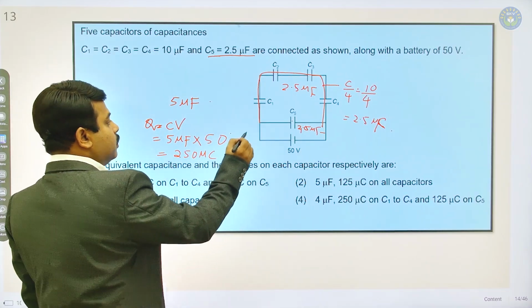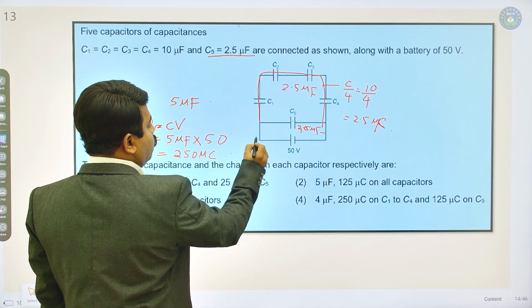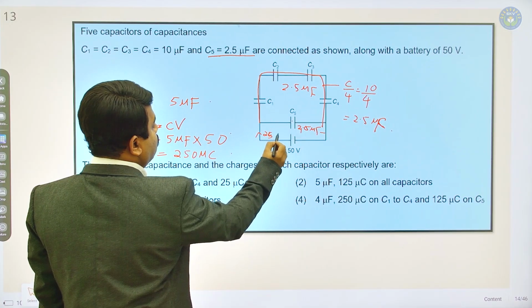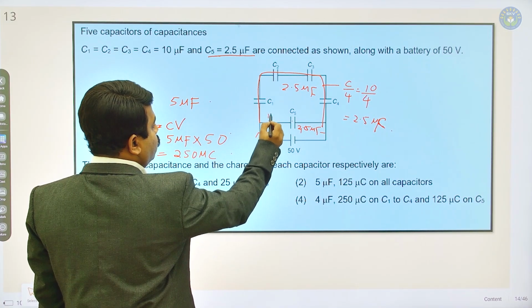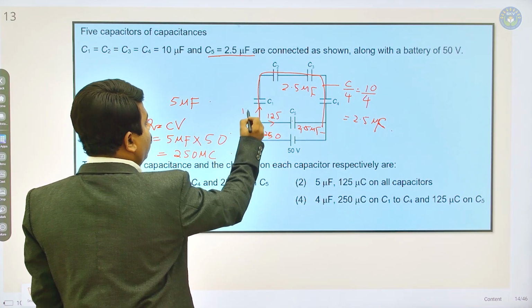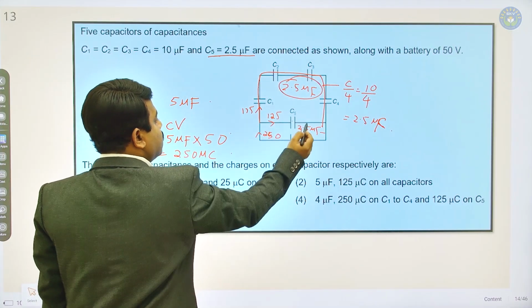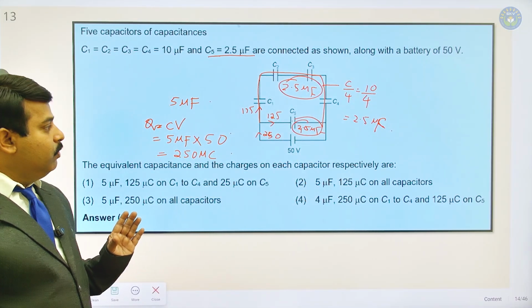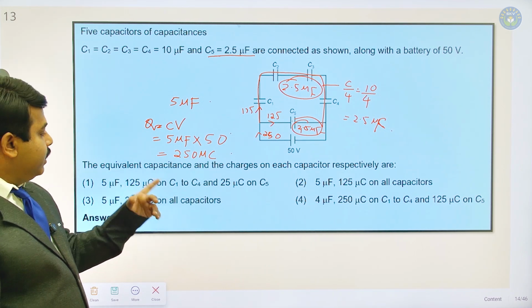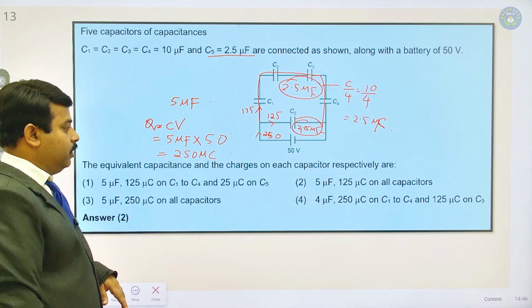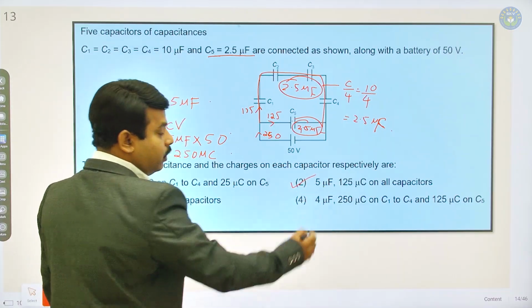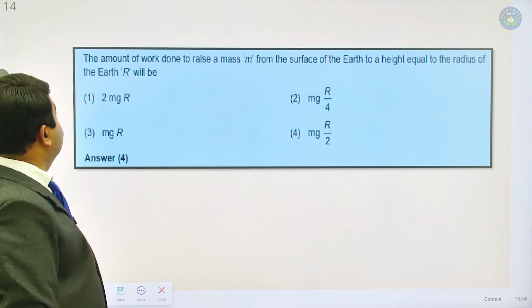Now once the total charge is 250, then this route gets 125, this route 125. Why? Because here capacitance is the same, here capacitance is the same. Then each capacitor gets 125 microcoulomb and net capacitance is 5 microfarad. Option 2 is correct, right?